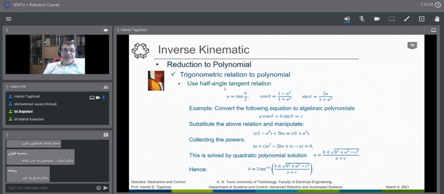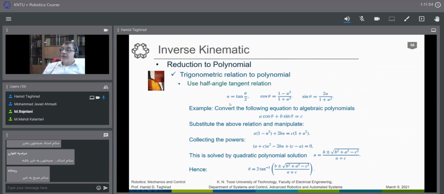And if you have a polynomial base, it is much easier to use the fzero function in MATLAB, or finding the numerical solution is much easier if you have the polynomial equation instead of the trigonometric one. And how can we do that? Very simple. I don't use x here, just to distinguish between the position that you have and this parameter.